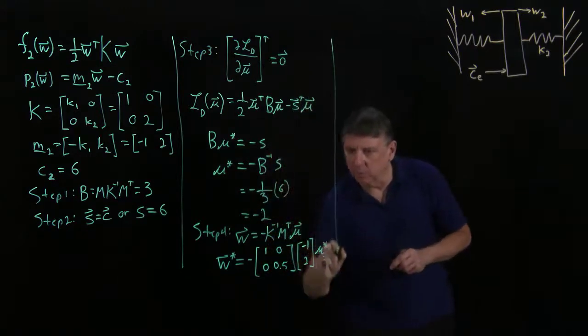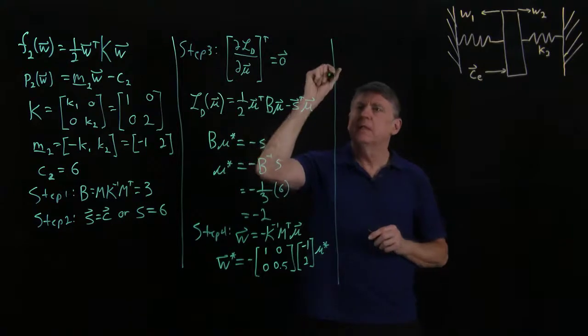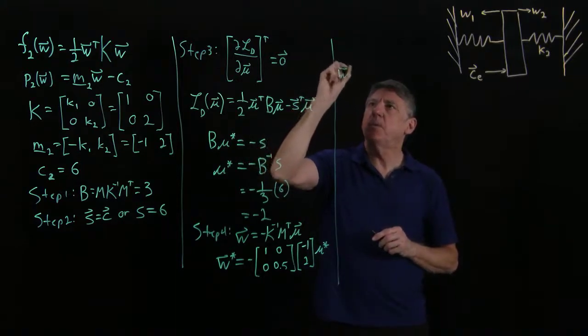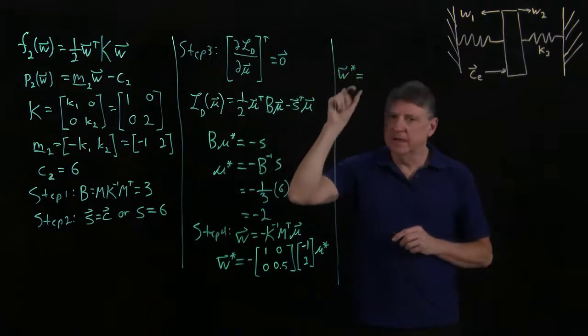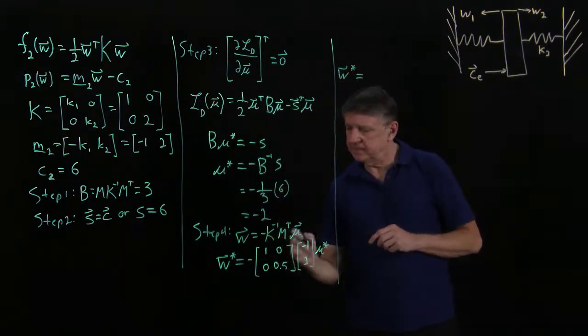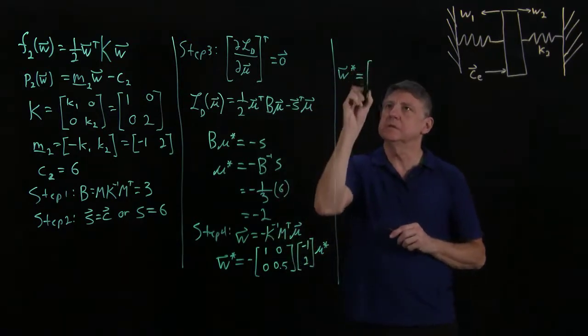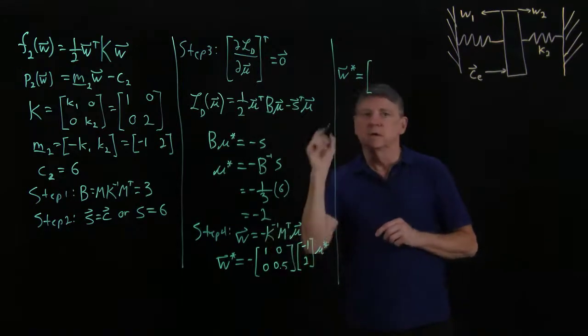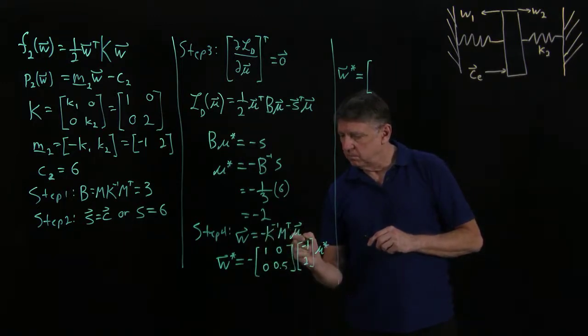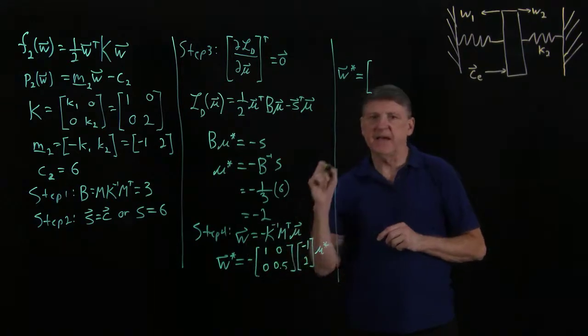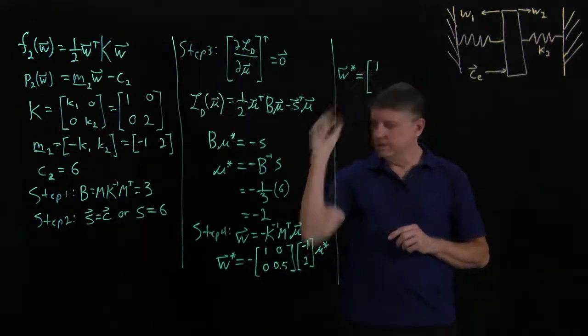When we work that out, that says that our optimal vector, or minimizer, is, let's take this in 2 pieces. So when I do this matrix multiplication, that is 1 times minus 1 is minus 1, negate that, and that will be 1.